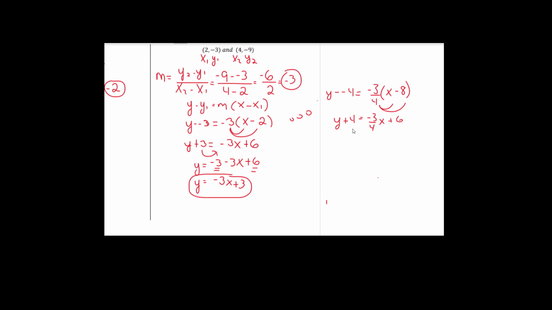And then to solve this, you would send the 4 to the other side. So this would be negative 4 minus 3/4 x plus 6. And then you combine the negative 4 with the 6, so bring down the negative 3/4 x, and this would be plus 2.